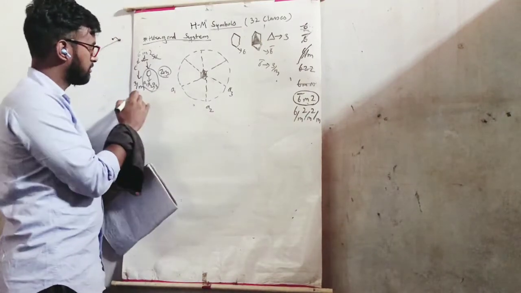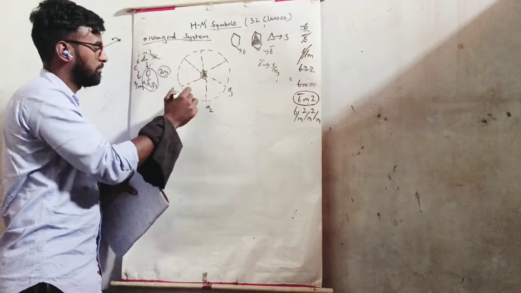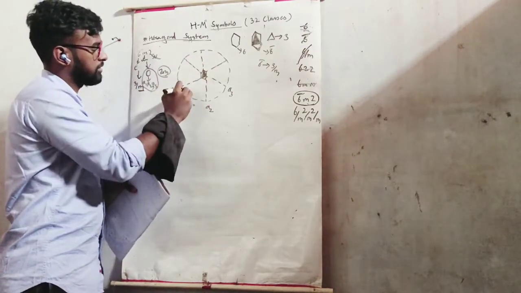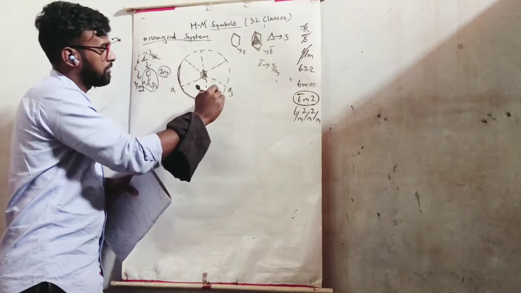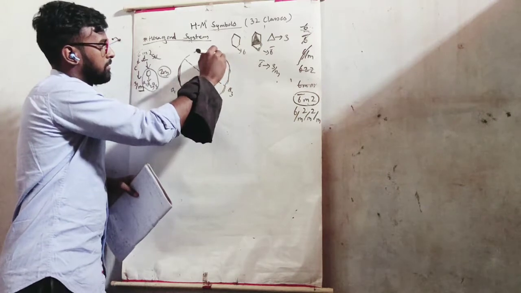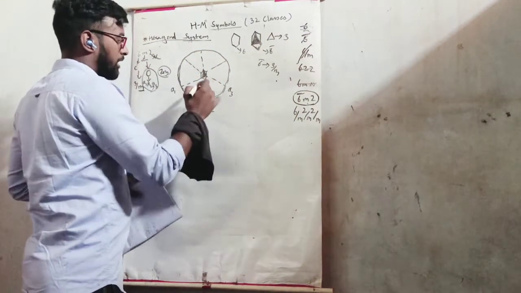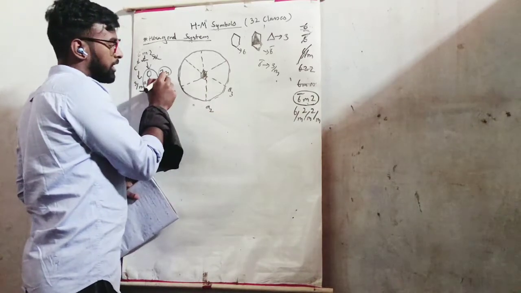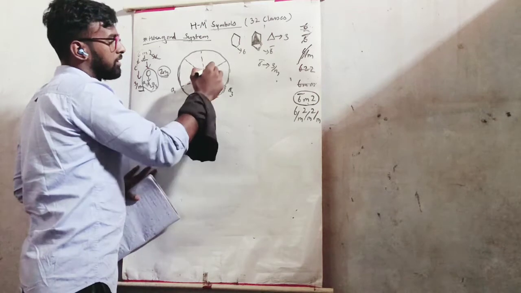And see, this plane that is perpendicular to this threefold axis will be a mirror plane. So we need to draw this as a solid circle. Okay, so the diagonals are two-fold axes as well as mirror planes. So solid lines with the two-fold symbol.